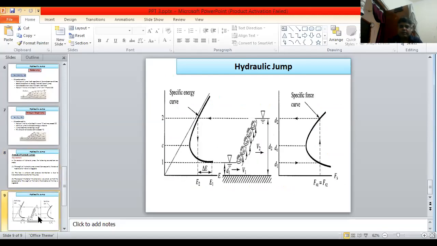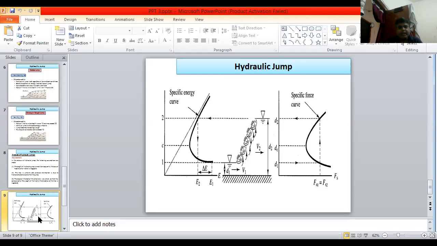Now, here it shows a specific energy curve and a specific force curve. In the specific energy curve, the lowest point of the curve, the corresponding depth is known as critical depth.